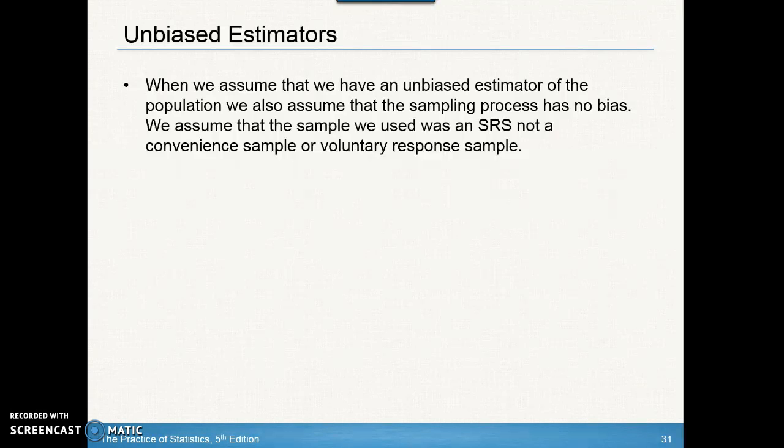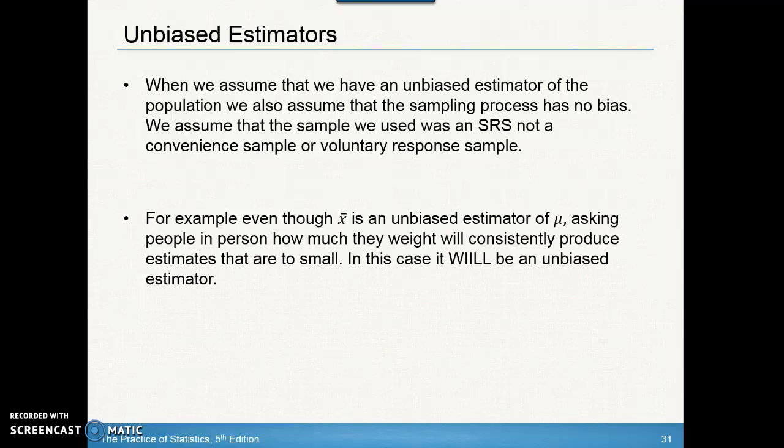We have to assume that the sampling process we used to get those samples was a random sample. We have to assume that the simple random sample wasn't a convenience sample or a voluntary response sample, because that is going to produce bias. Remember, with voluntary response samples, it's usually people that have strong opinions. A convenience sample is going to be easy for us to get, but not necessarily a great estimate.